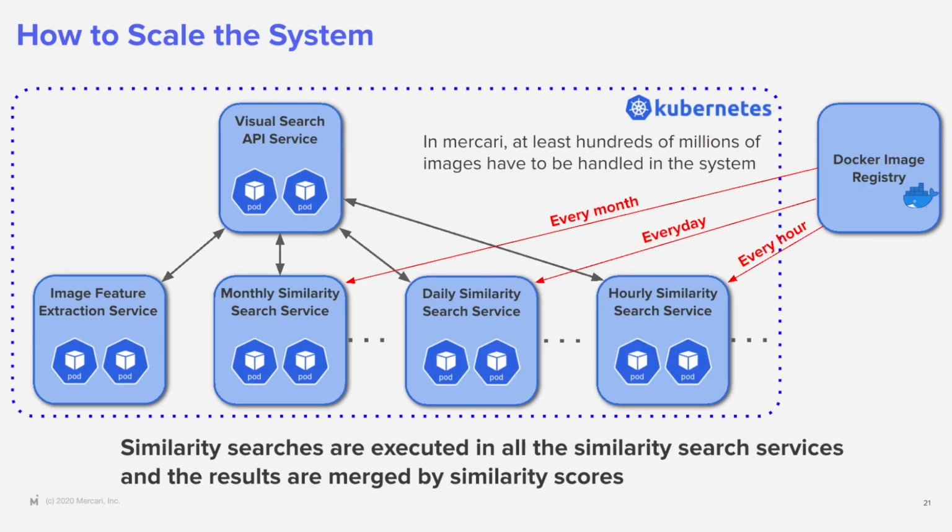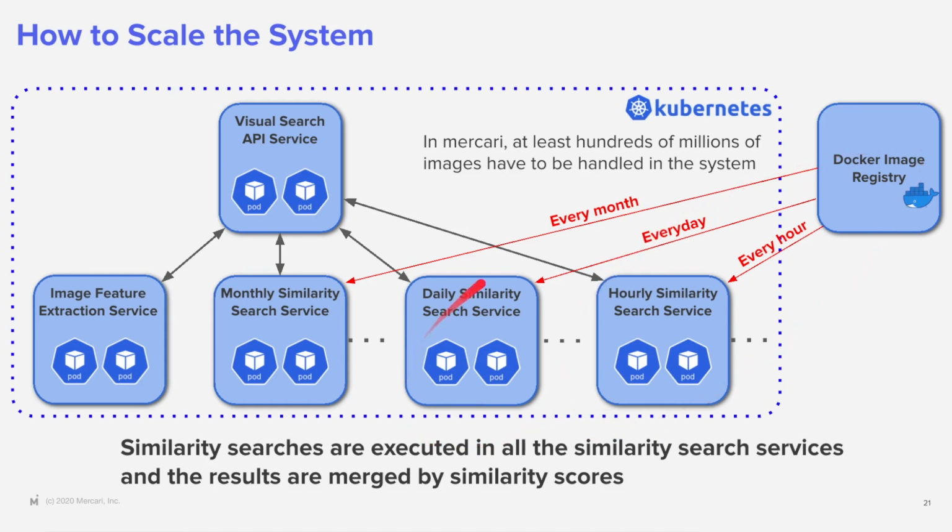In Mercari, hourly index update is acceptable, but the index size is not 10 million. At least hundreds of millions of images have to be handled in the system. So we divided the index into multiple ones: monthly, daily, hourly indexes. Every hour, a new hourly index is created and deployed.